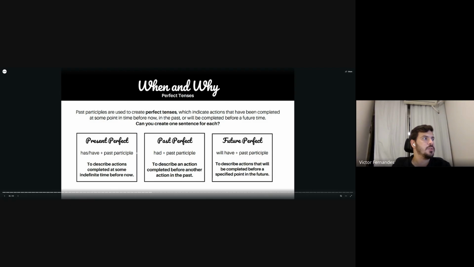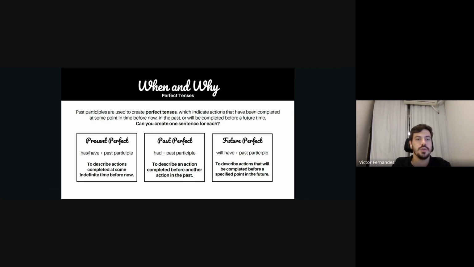So just as a summary, we have here the present perfect to describe actions completed at some indefinite time in the past. For the past perfect, the only difference between the present perfect and the past perfect is that the present uses have and the past uses had, but the past participle remains the same.